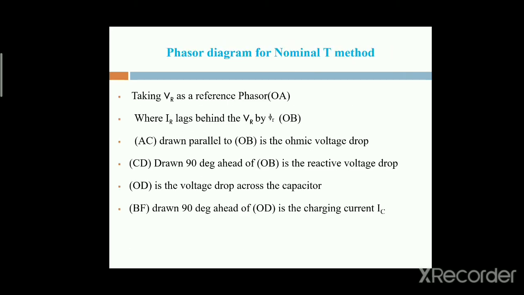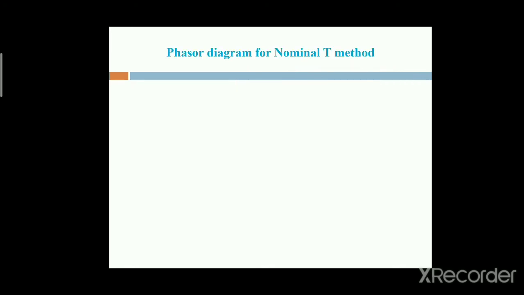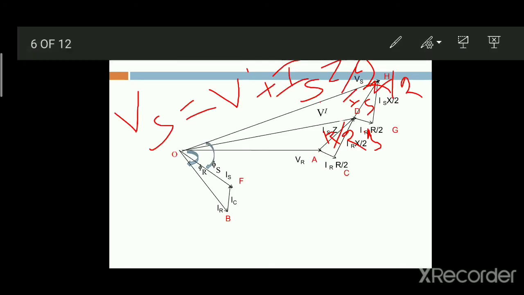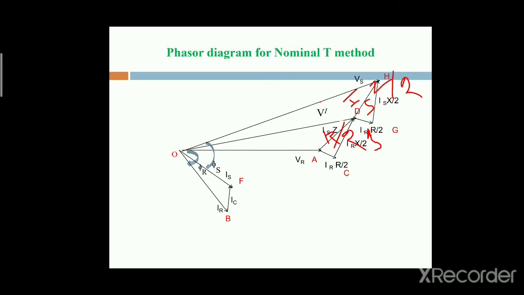Vs is equal to V dash plus this drop, and the drop is Is into Z by 2.